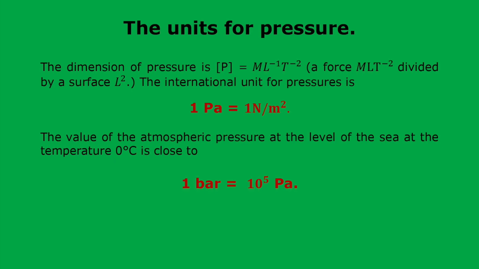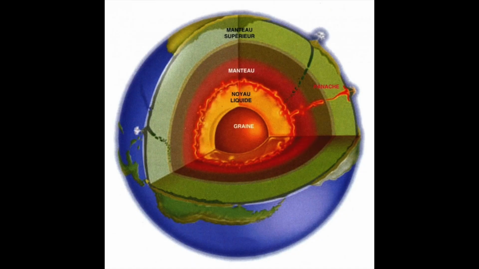With the last inequality, one easily finds that the pressure P at the center of the Earth exceeds 10^11 Pascal. By another method related to seismology, we find rather 4 times 10^11 Pascal, equal to 4 million bars. Just remember that P is about 4 million atmospheres.